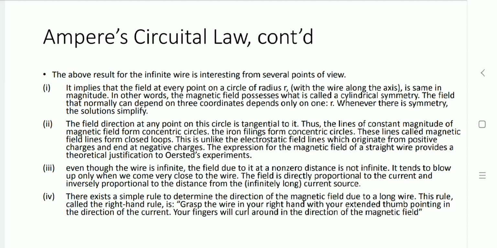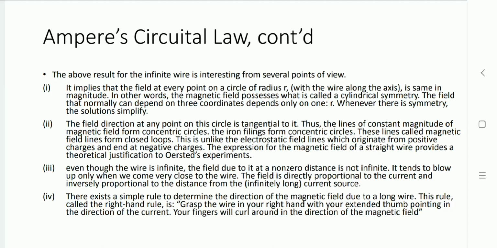Right? Now, the third point is that even though the wire is infinite, the field at a non-zero distance is not infinite, it is a finite value.